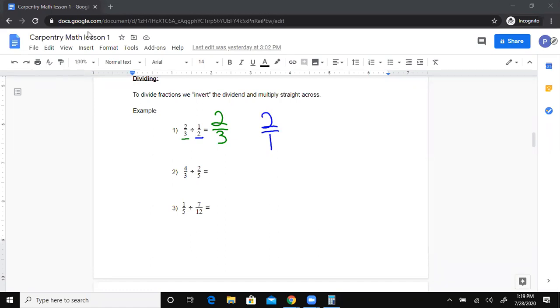Now, because we have flipped the second fraction, we get to switch that division for a multiplication. And now this is just like the problems we were doing before. So we go straight across, 2 times 2 is 4, 3 times 1 is 3. 4/3 is a final answer because 4 cannot be divided by 3.